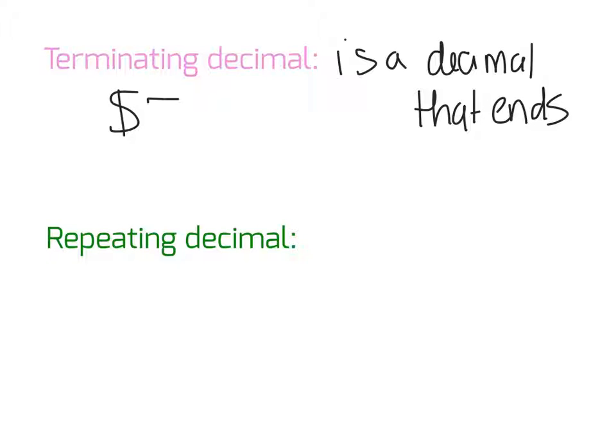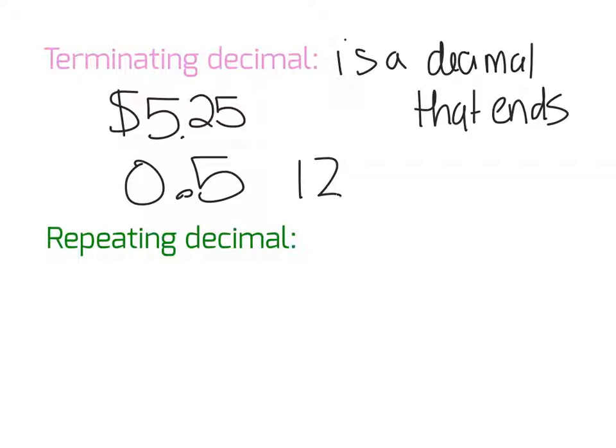If we have $5.25, okay, it does have an ending in sight. 0.5, that's a terminating decimal. It's over. There's no more numbers. Even if we had a number like 12.67824, okay, it ends eventually. It doesn't say that it continues. So that's a terminating decimal.